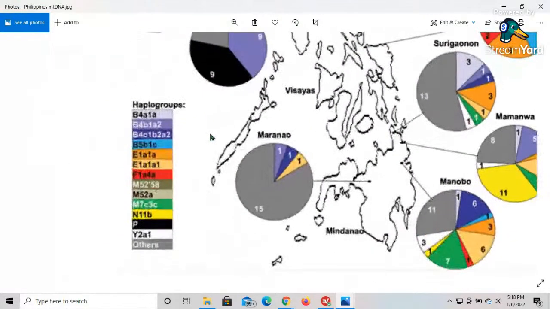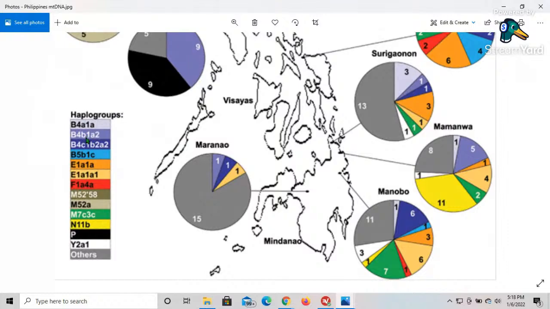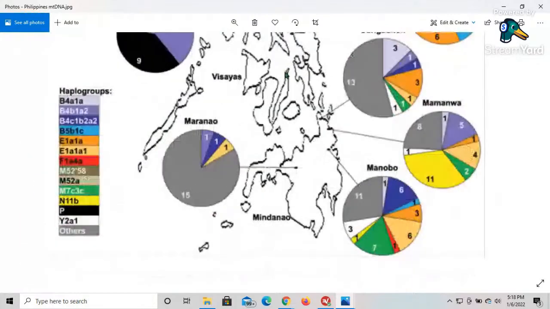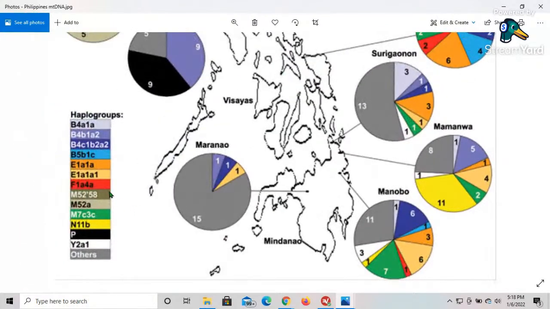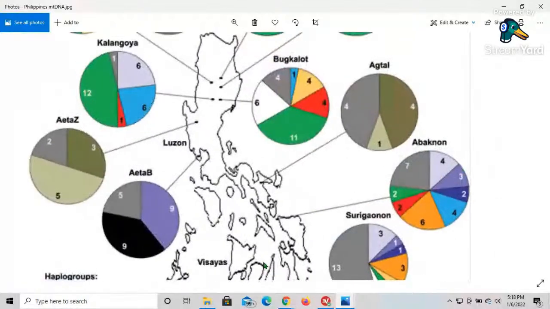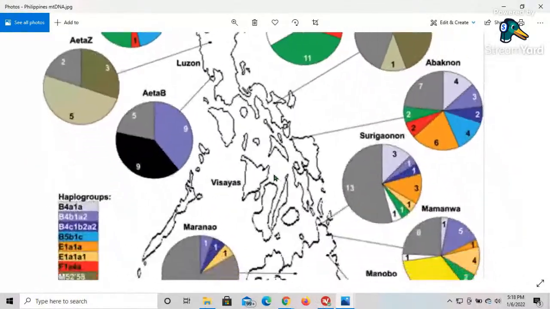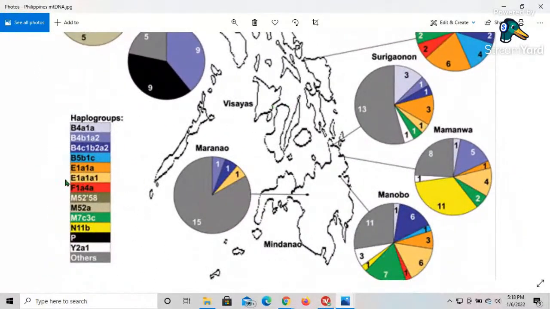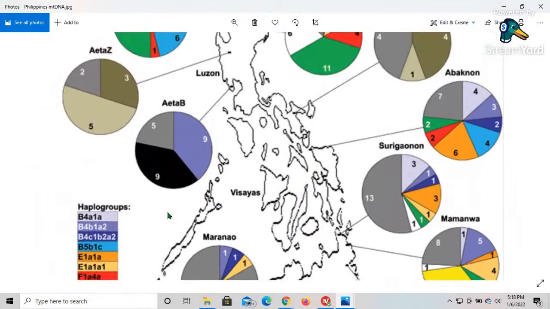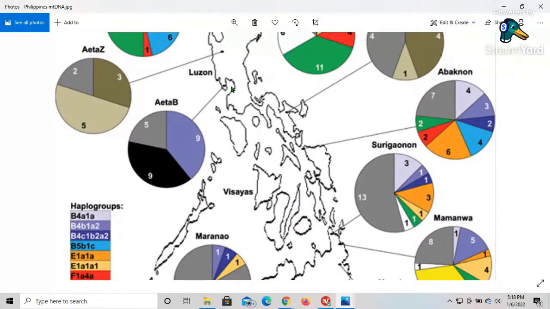We have the B's, which is the blues. All the blues are the Middle Eastern Semitic mitochondrial DNAs. So all the blues and this kind of grayish color is Semitic. The F, which is the red, the reds are also Semitic, and the P, which is right here in this part of the Philippines here.